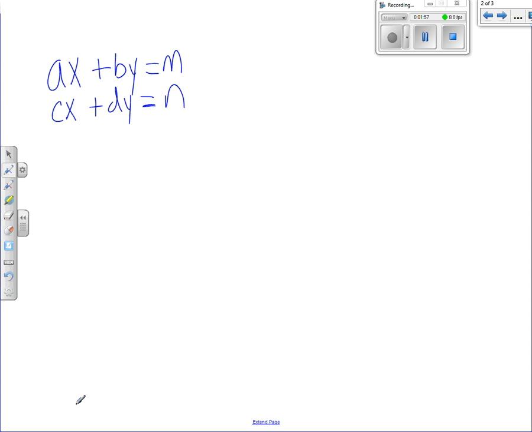Okay. ax plus by equals m. cx plus dy equals n. A, C, B, D, M, and N, those are all going to represent numbers in our system. Right now, this looks really weird because it's nothing but letters. It's alphabet soup. When we start doing a system that has numbers, this will make a lot more sense.